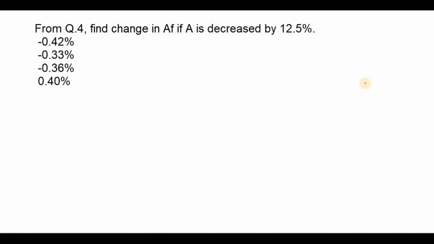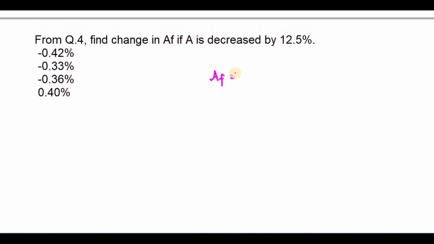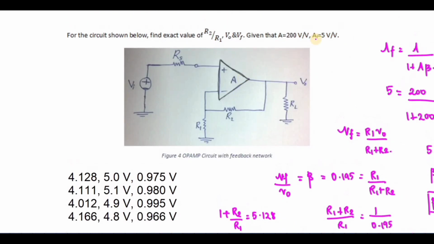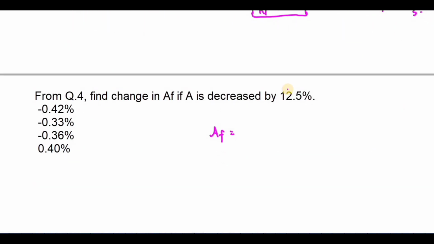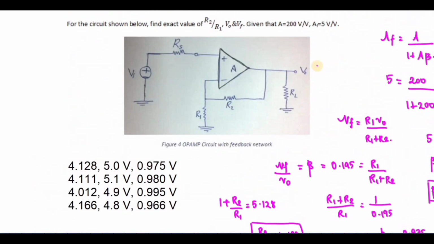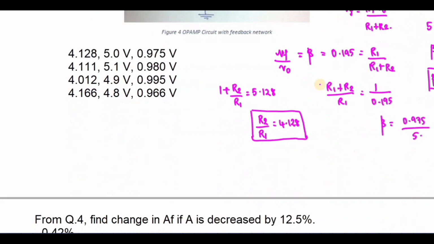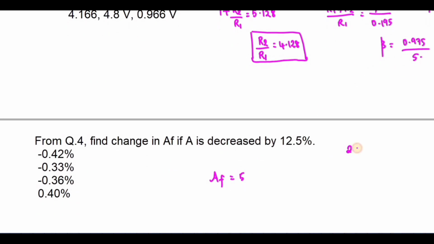The next problem, from question 4: find the change in AF if A is decreased by 12.5%. They have given the A value as 200 and the AF value as 5. A has to decrease by 12.5%, so 100 minus 12.5 is 87.5.